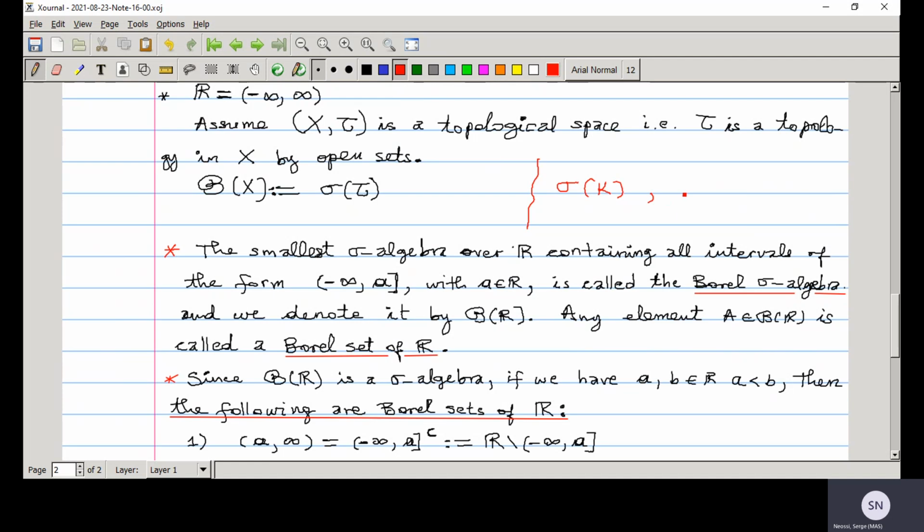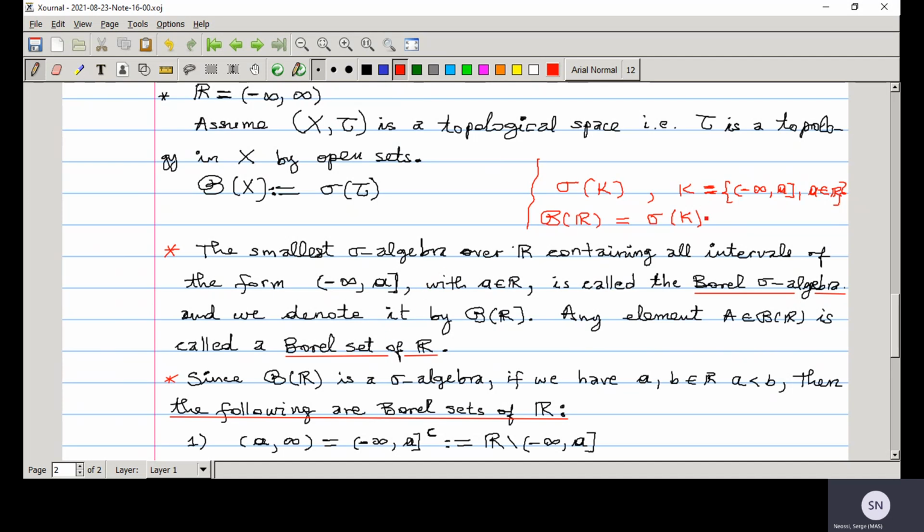Now here, if I take K to be the collection of all sets of the form negative infinity to a, closed there, a in R, you can see that our BR is nothing else than the sigma algebra generated by this set K. So this is what we use here in our definition.